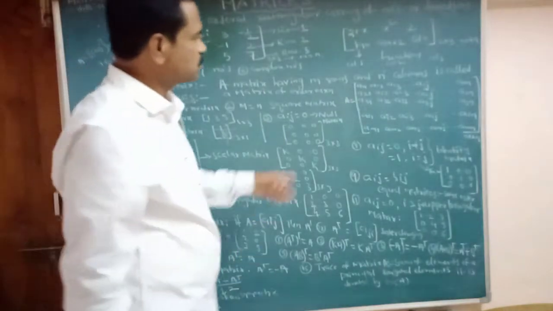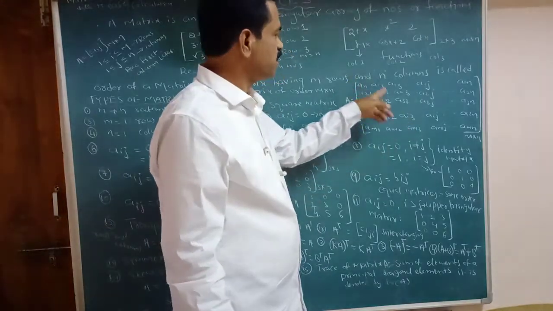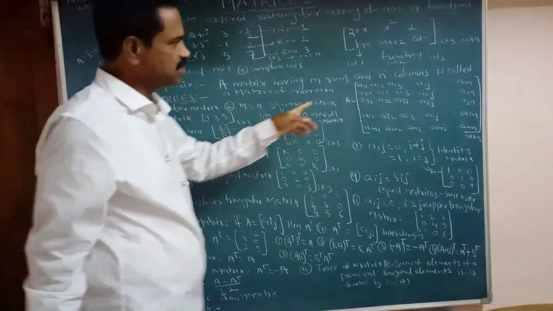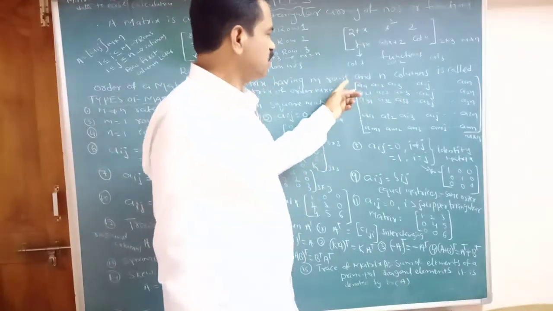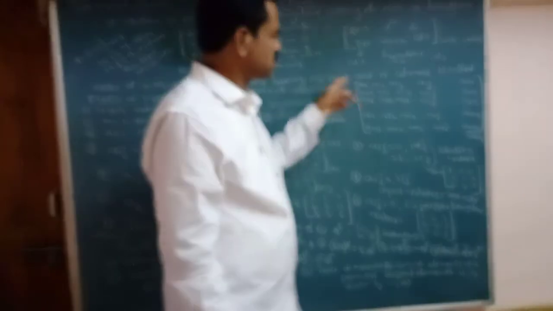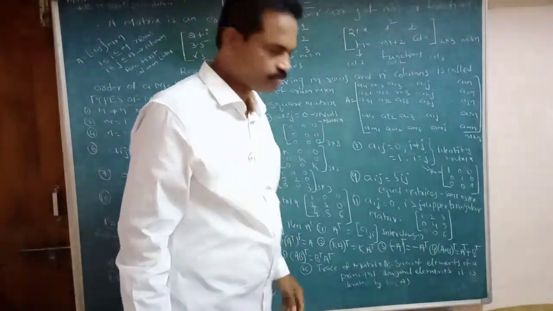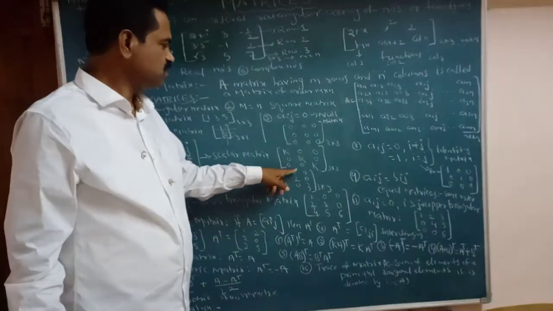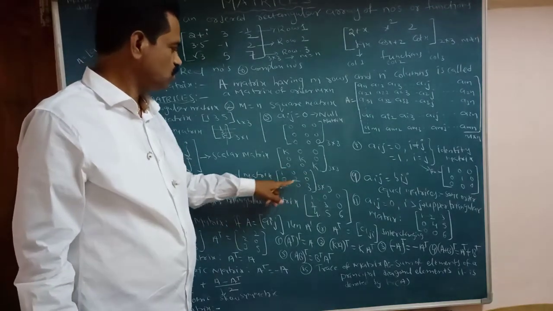This is called a diagonal matrix, where the diagonal element may be any value, it is not fixed. For a scalar matrix it is fixed, suppose it is k, they are all k. In a diagonal matrix it may be 1, 2, 3 also. For example, 1 0 0, 0 2 0, 0 0 3.